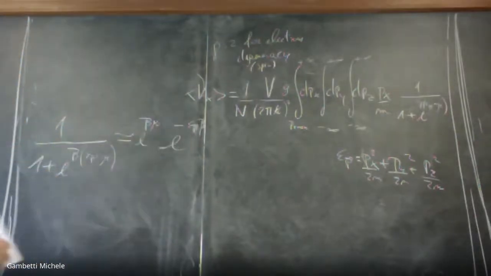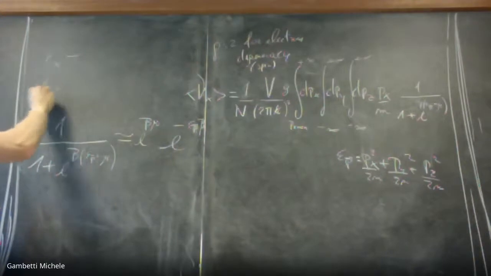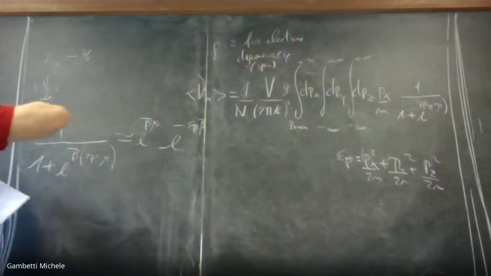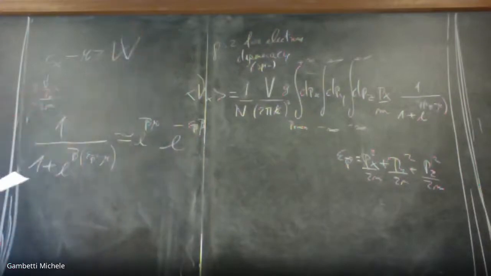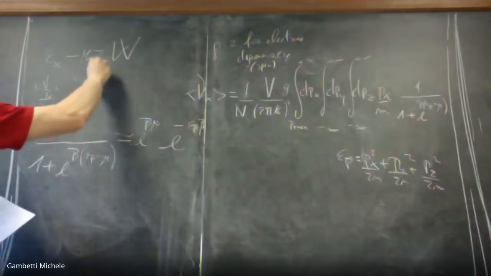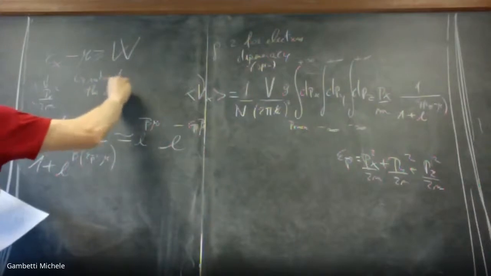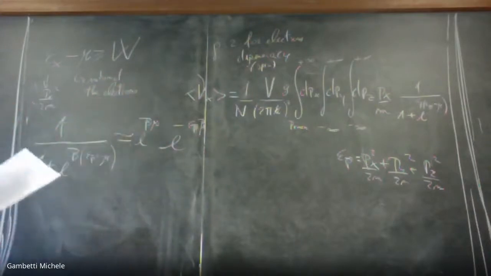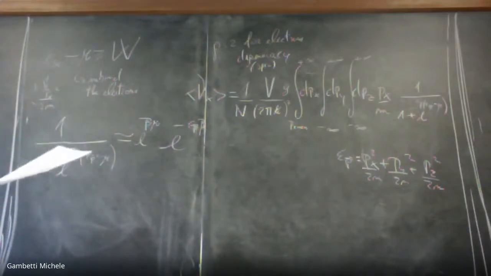Well, basically, we say that Ex, which is Ex squared divided by 2m minus mu, must be larger than W in order to unbind the electrons. So the energy must be larger than the Fermi energy plus the work function.